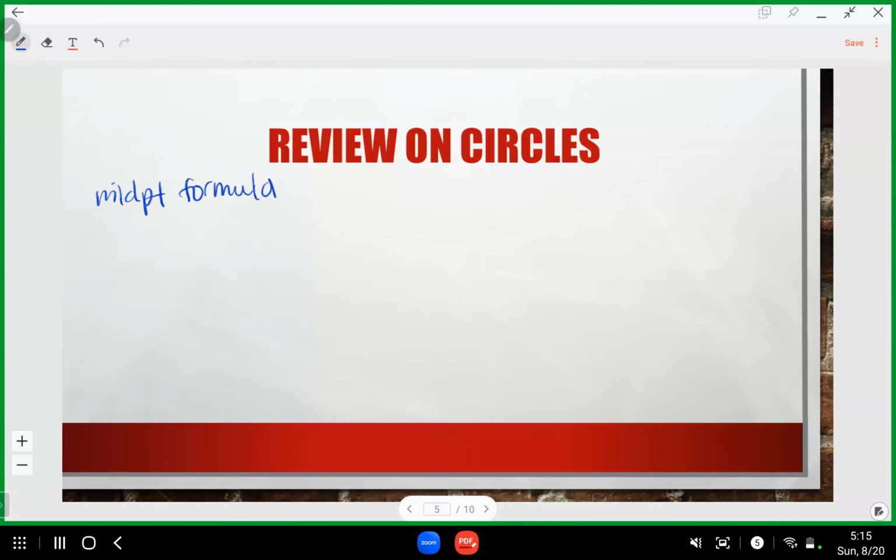The proofs of these are pretty intuitive, right? So you don't actually need to write a formal proof for these. Once I draw the diagram, you'll be able to understand pretty well.